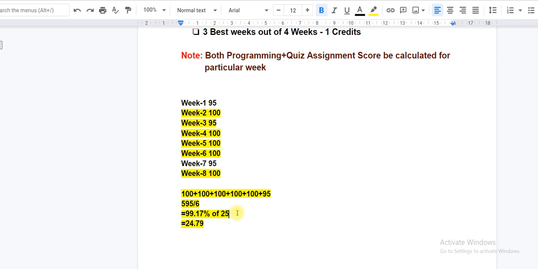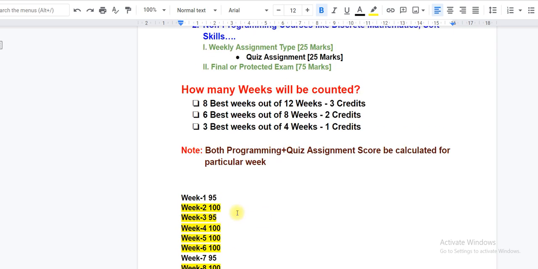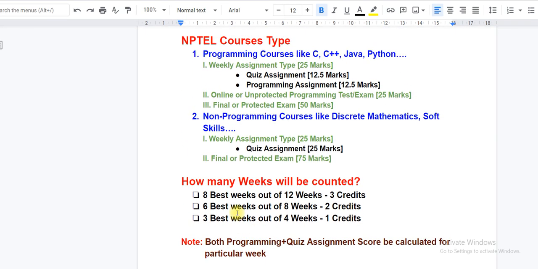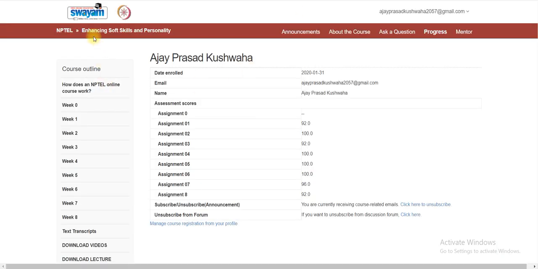I hope I am now very clear regarding this. Okay guys, now coming to the non-programming courses, how will the weekly assignment score be calculated? I hope you are tricky enough to understand it. Here there are only quiz assignments. Let me show you one course: Enhancing Soft Skills and Personality.